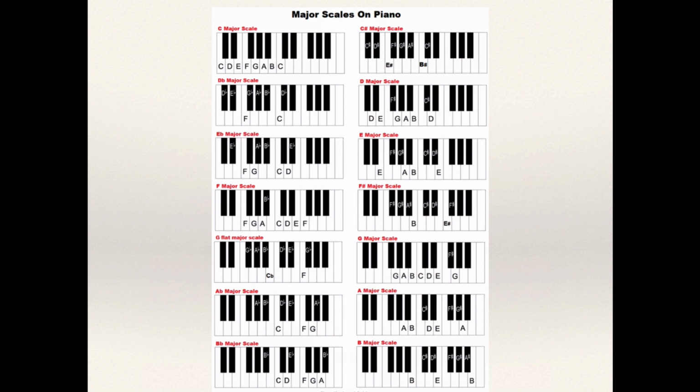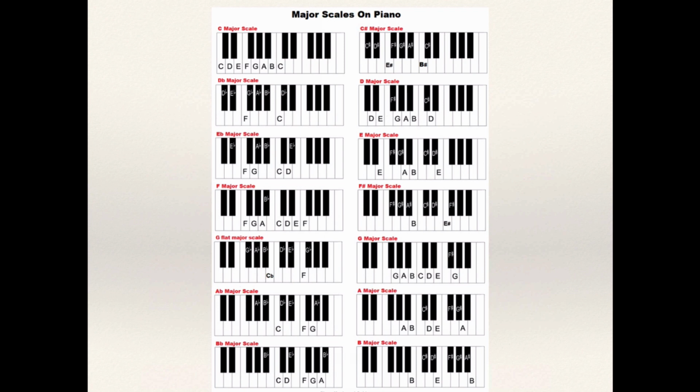The best way to learn them is to go back and do the scale drills, learn the chord progressions, and play the chord progressions in every scale. That's how you learn them. Another way is when you're playing new songs, always know where you are.